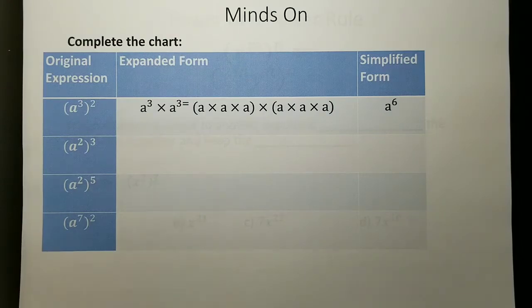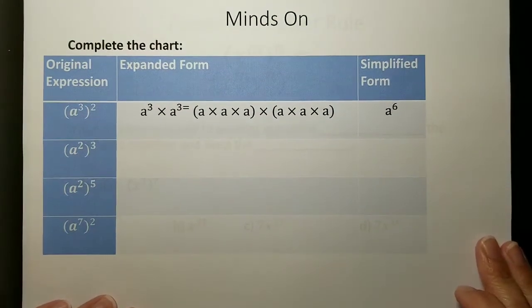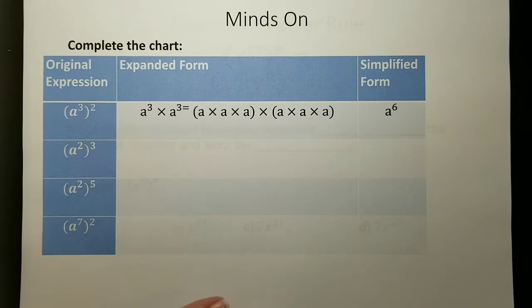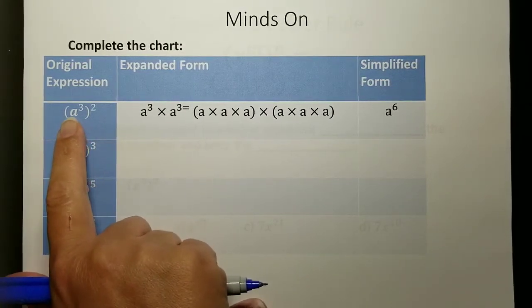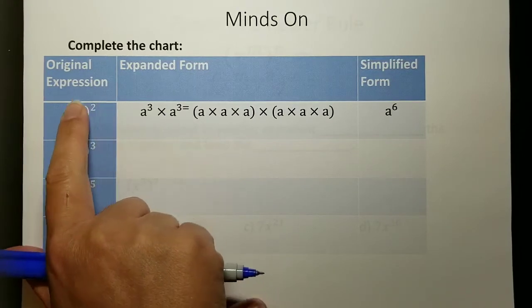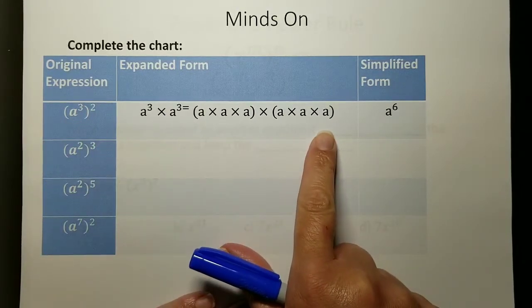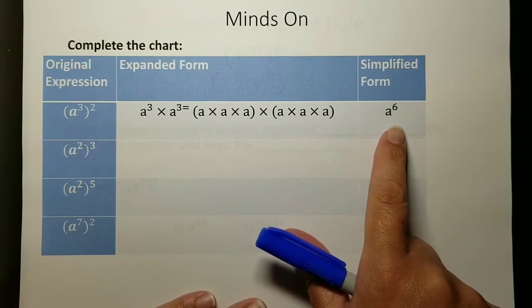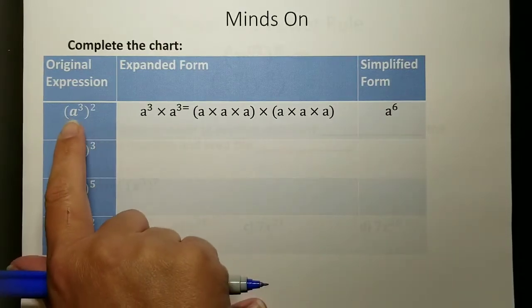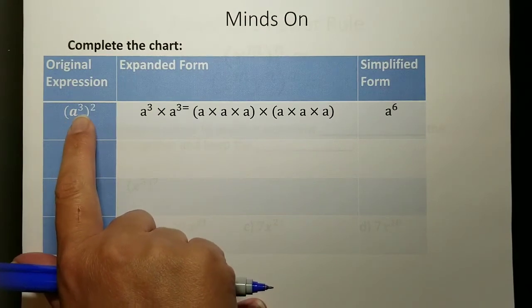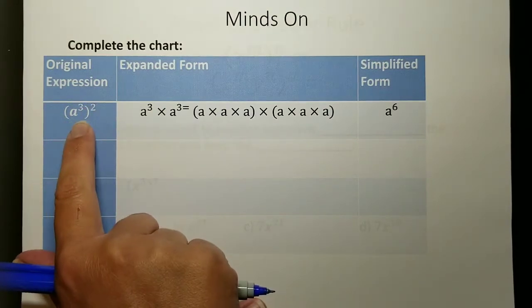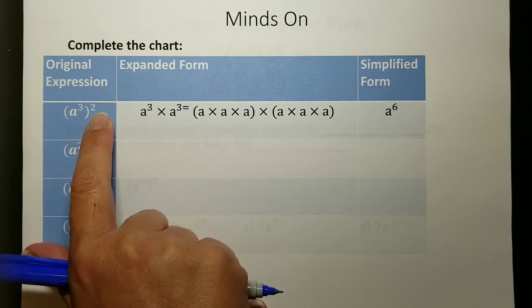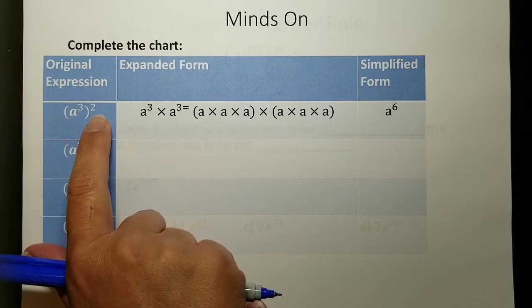So getting into the first example, this chart should look pretty similar from the last couple of lessons. It's a little bit different. Here we've got an original expression and we're going to expand it out and talk about what the simplified form of that expression is. So here we have a cubed and then that whole thing is in brackets and it's squared. We know that anything squared means that thing times itself.